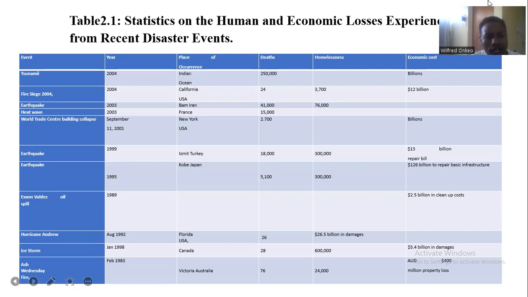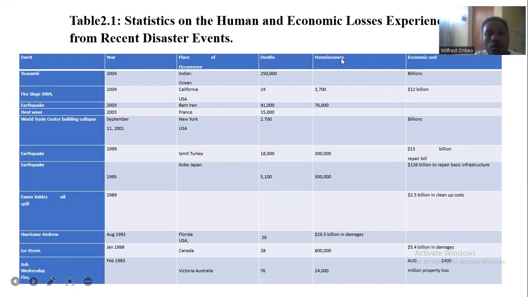The earthquake in 1999 in Turkey: 18,000 deaths, 300,000 homeless, and many billions in affected properties. So you can see how the table describes this.